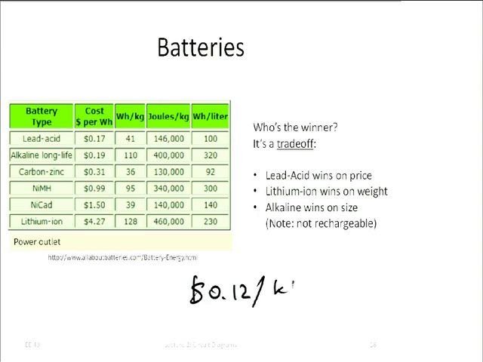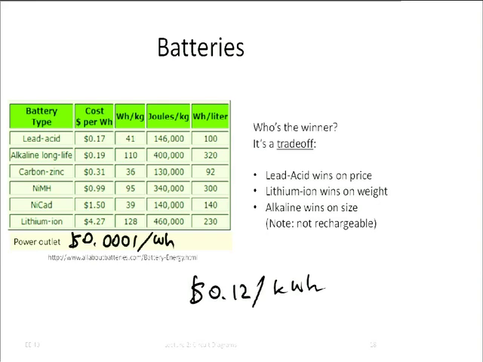So now, of course, we could convert that into dollars per watt hour. I have to divide by 1,000, so that would be 3 zeros, 1 per watt hour. So the power out of outlets is very, very inexpensive.